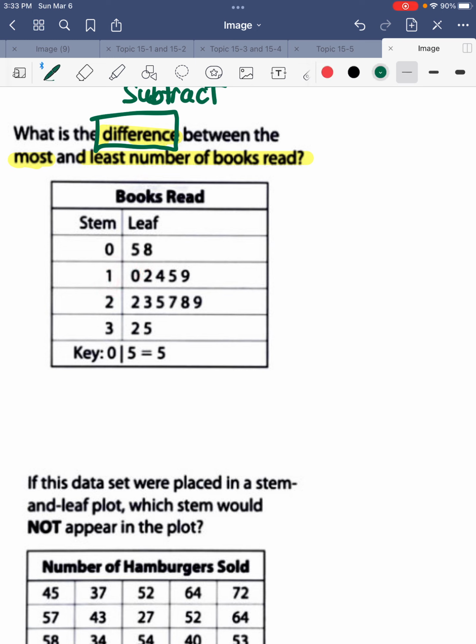So the most is 35, for my 3 here, my 5 here. My least is 5. So if I subtract, 5 minus 5 is 0, bring down my 3, I get 30.